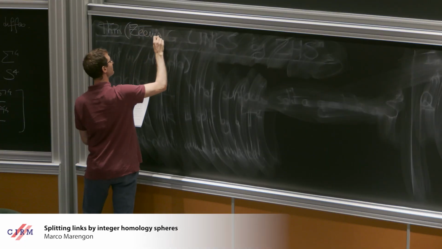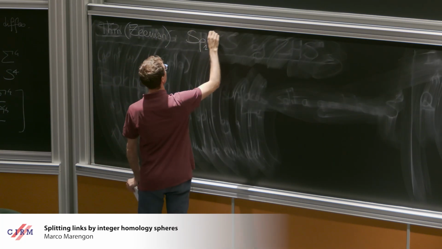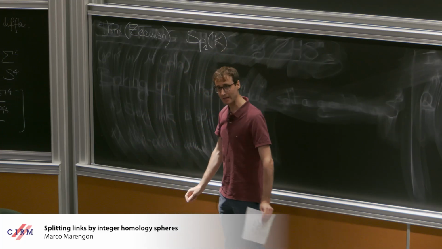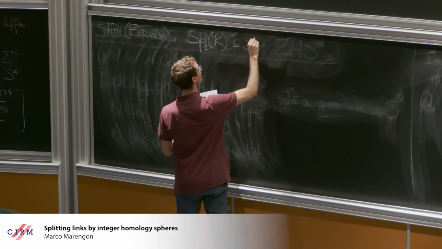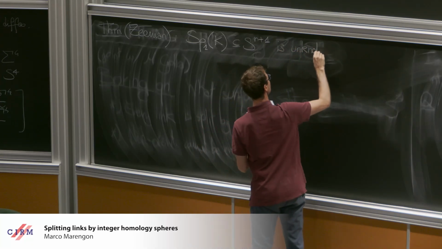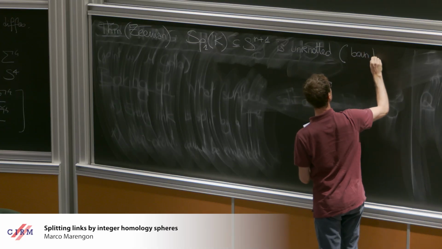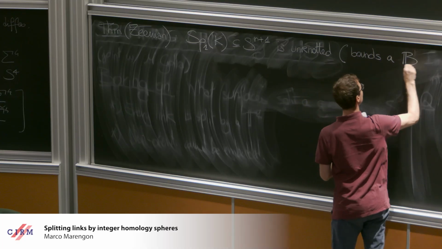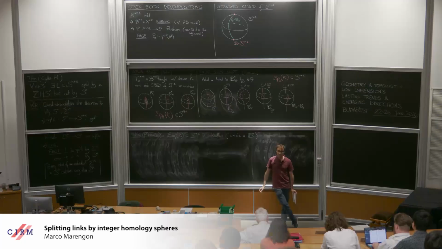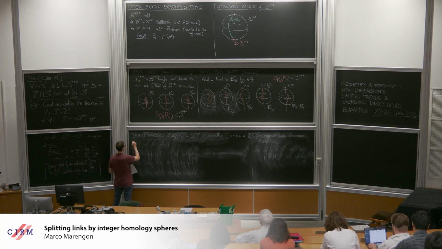Theorem of Zeeman, that is that the one twist span knot over a knot K is always unknotted. Or if you prefer, it bounds an n-dimensional ball. This follows from a more general result of Zeeman that, well, maybe I'll just state the general one too, just to give context.